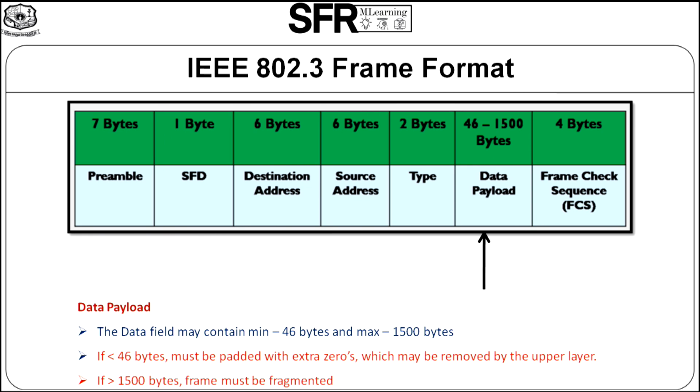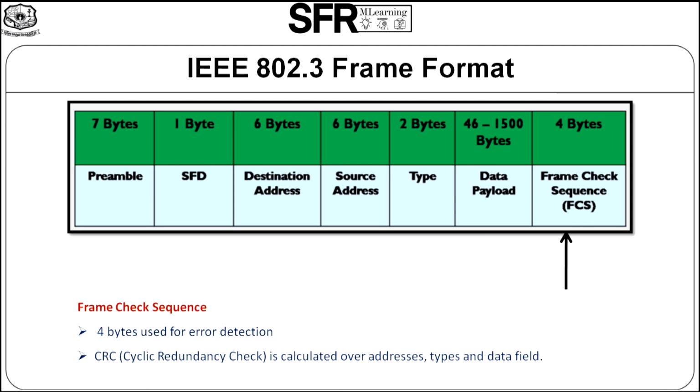Those extra zeros will be removed by the upper layer. But if my data is greater than 1500 bytes, my frame must be fragmented, that is, segmented. For example, if my data is 1518 bytes, it will be split, and for the remaining 18 bytes frame, zero padding will be done. Likewise, the data will be sent.